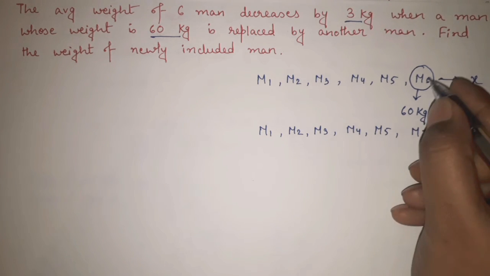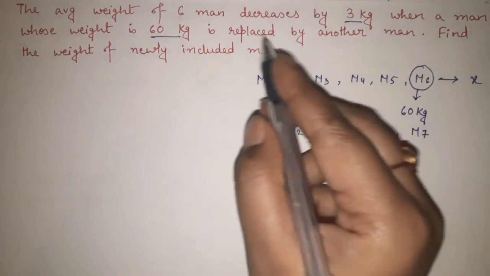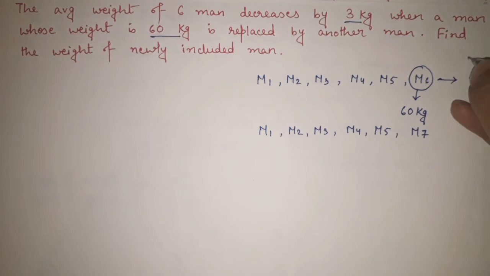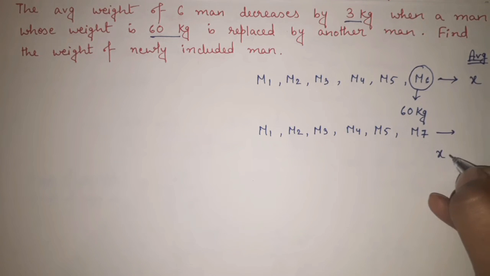Now when we are replacing this man of 60 kg with some other man, the average weight decreases by 3 kg. So this X was the average, so now the new average is X minus 3 kg. Got it?